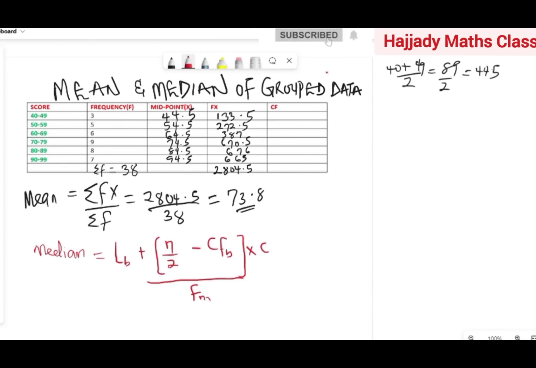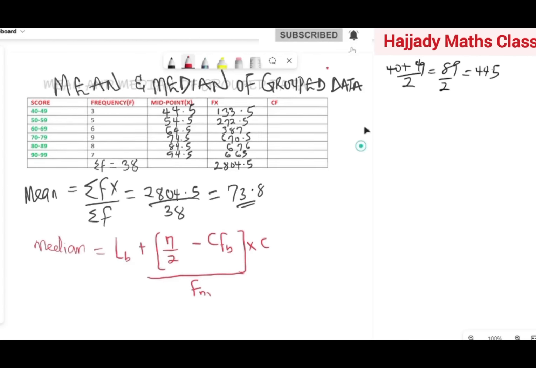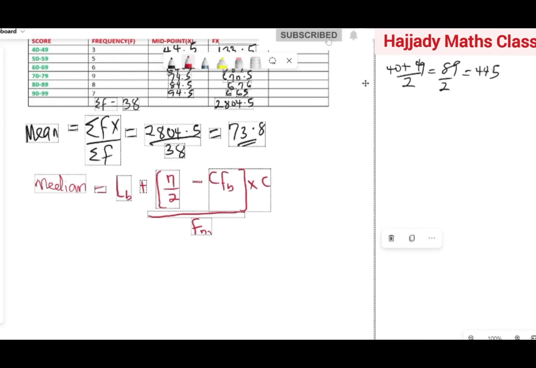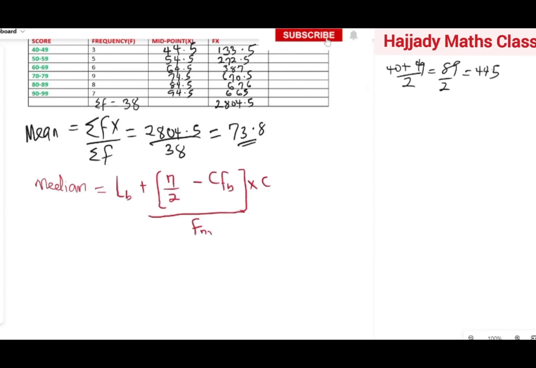Here we have that our L subscript B is the lower limit of the median class.